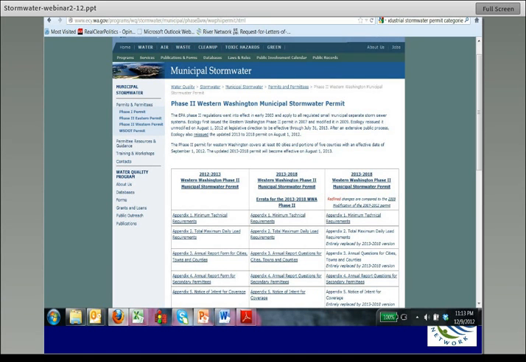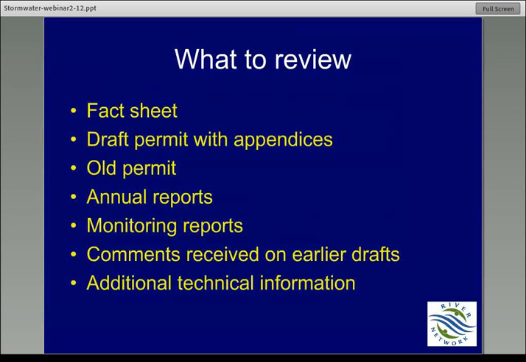Usually you can pull up these parts of the website and get a lot of information, including the old permit and the current draft permit. You can get links to technical information, and as you can see, there are many appendices that go along with these permits. They can tell you about, as I just mentioned, the total maximum daily load requirements, which we see some states dealing with. Often there are the forms that the different entities need to fill out to apply.